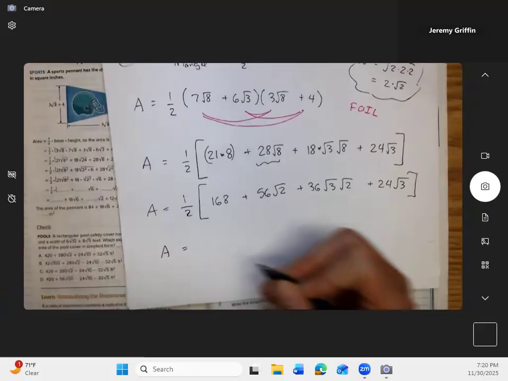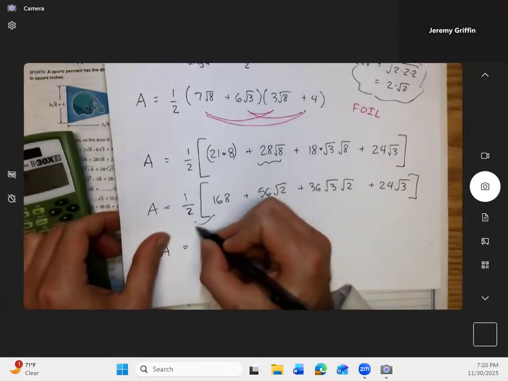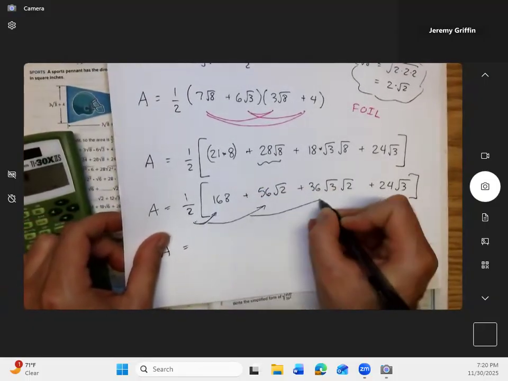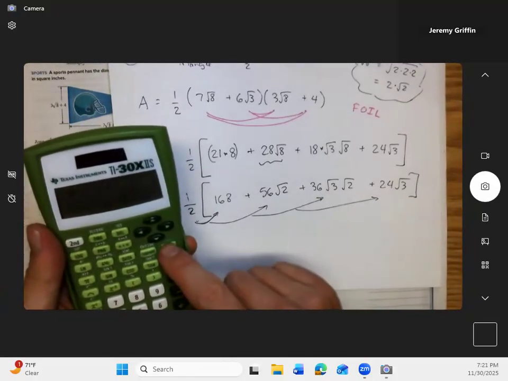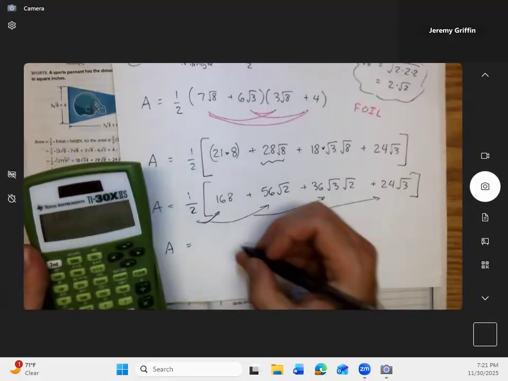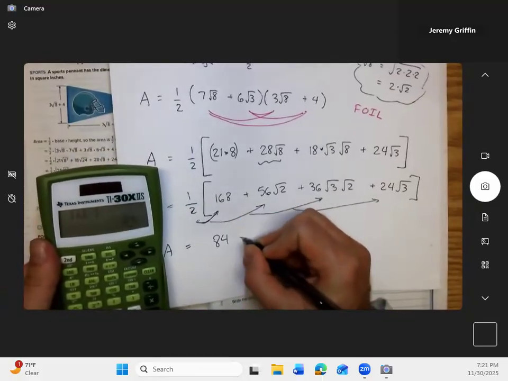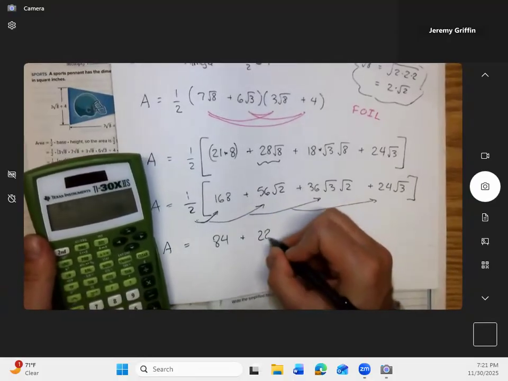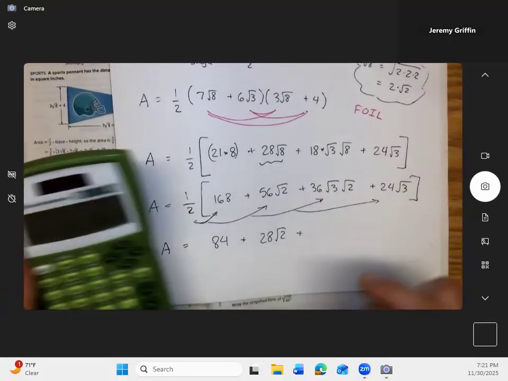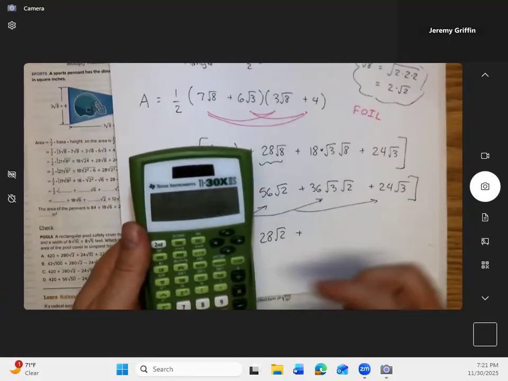So the area: the 1/2 distributes into each of those 4 terms. What's 168 over 2? It's 84, plus 56 over 2 is 28 root 2, plus 36 over 2 is 18.